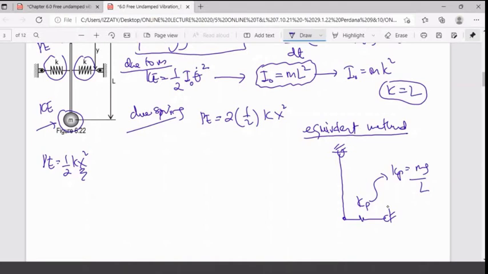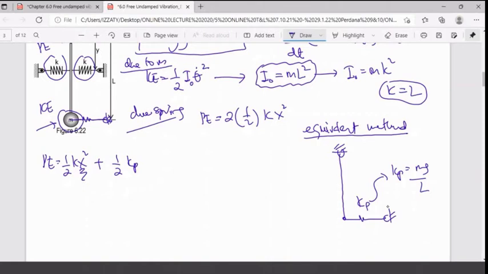You have another one, instead, you have another spring. This one is due to pendulum, due to gravitational. So your equation now, you have another one plus, this one is PE. You can put this one half, but Kp lies at the tips of this rod.